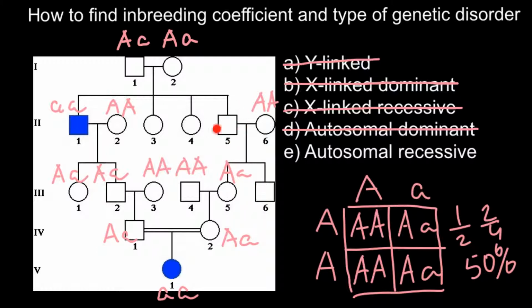That means that this person here, also phenotypically normal, has to be a carrier of this recessive allele. And this person may inherit this recessive allele whether from his parent 1 or from his parent 2. So as you see, answer E, autosomal recessive, is the correct answer.